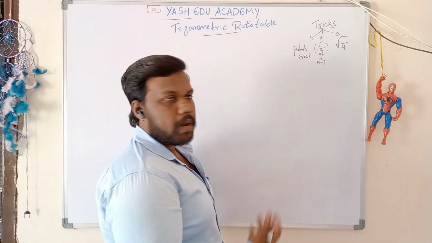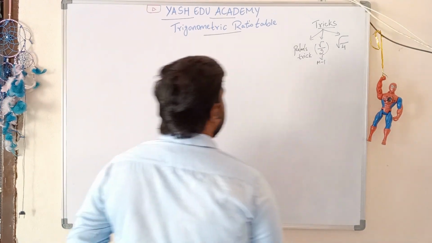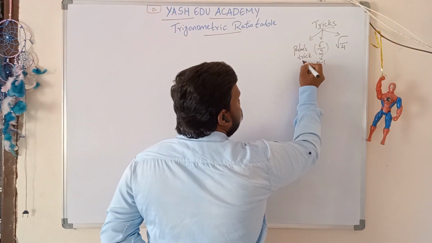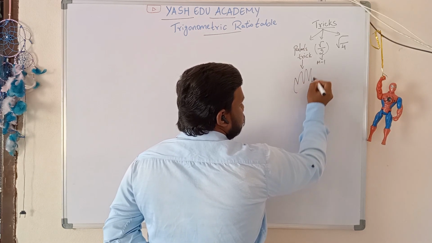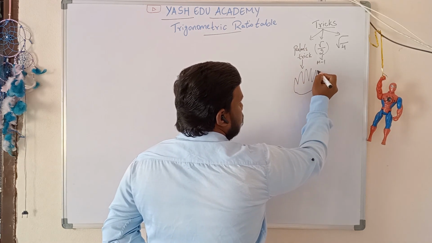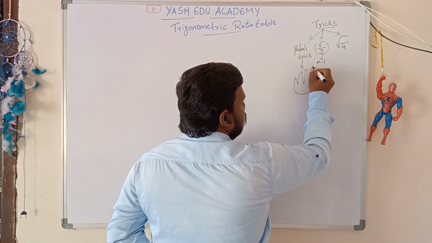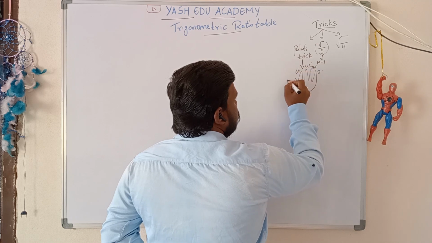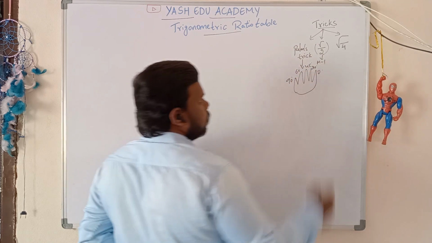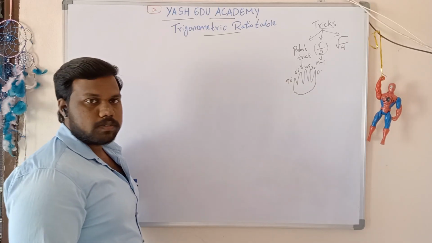So the root applies to both numerator and denominator. And for the palm trick, what do we need? We have to draw a palm. I am giving a rough diagram here. Let us write the degrees for each finger. Hope it is visible clearly.